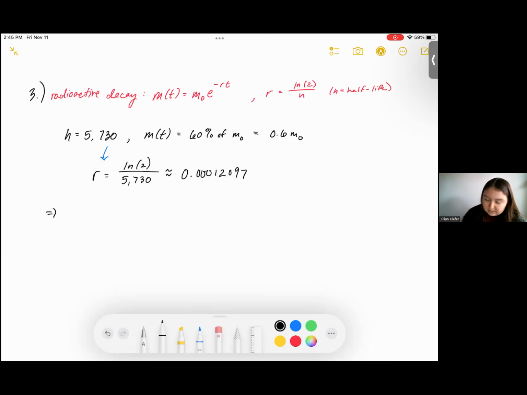So plugging this all into our equation, we had that m of t was really 0.6 m naught. So we'll write 0.6 m naught is equal to m naught times e to the power of negative 0.00012097 t. Looking at our equations here, we have an m naught on both sides of our equation.